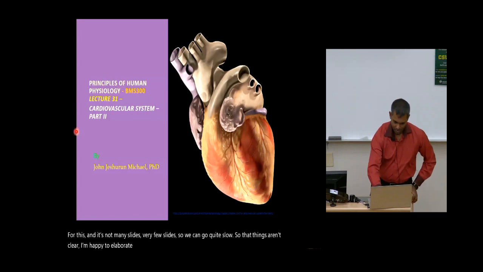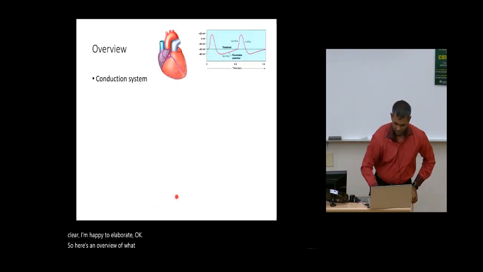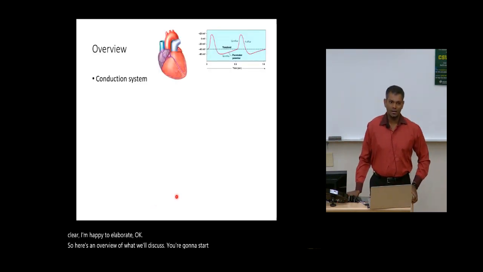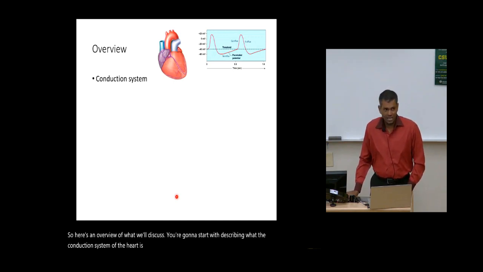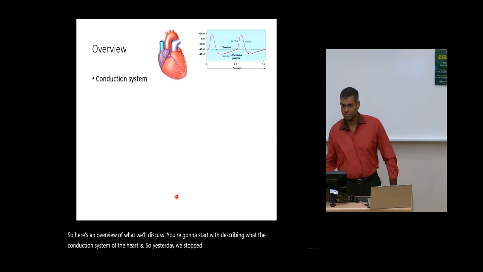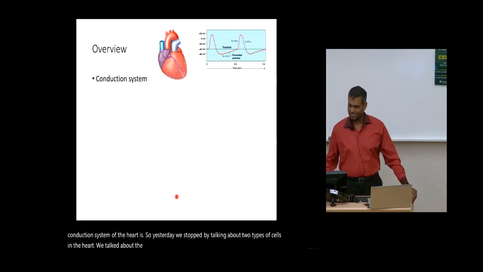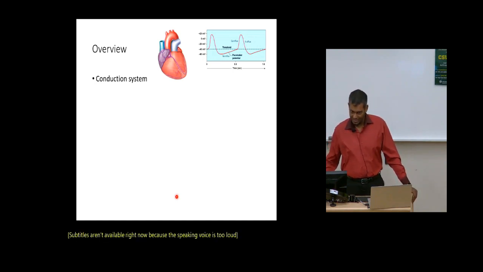Okay. So here's an overview of what we'll discuss. We're going to start with describing what the conduction system of the heart is. Yesterday we stopped by talking about 2 types of cells in the heart. We talked about the autorhythmic cells, which are the electrical cells, and also the contractile cells, which are able to contract in response to the electrical signals.